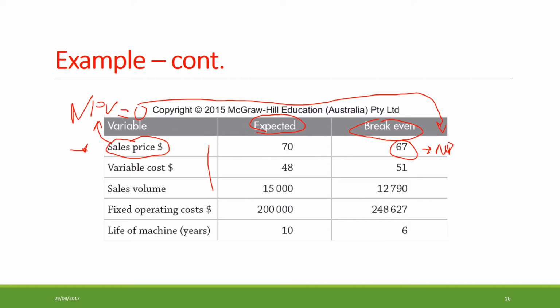So if the sale price falls below 67, our NPV would fall below 0. So comparing with the most likely case, we can be a little bit comfortable in the sense that our break-even level is less than the expected value, right? So most likely we're going to get a positive NPV number.